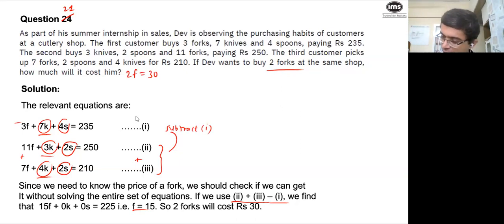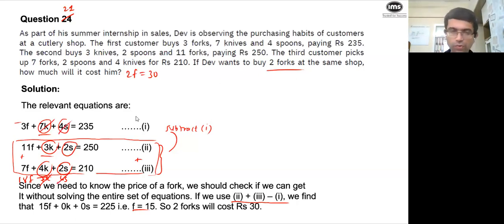So we did 2 plus 3. What will 2 plus 3 give me? It will give me an expression which will have a 7K and a 4S, correct? If you add 2 plus 3, you will get 18F plus 7K plus 4S. Now you subtract 1 from it. So 7K will cancel with 7K, 4S will cancel with 4S.